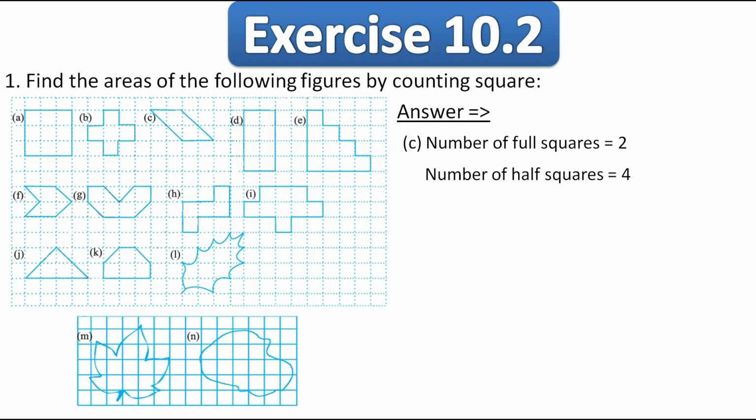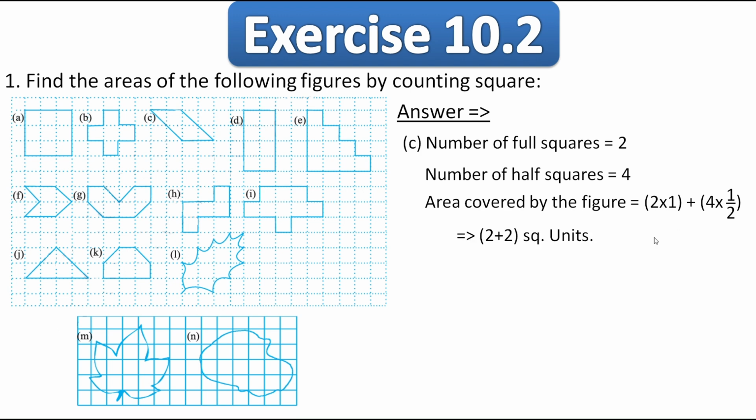The area covered by the figure is 2 into 1, because full squares are 2, plus 4 into half, because half squares are 4. When we calculate this, we get 2 plus 2. Why 2 plus 2? Because 2 ones are 2 and half of 4 is 2. Therefore, 2 plus 2 gives you 4 square units.